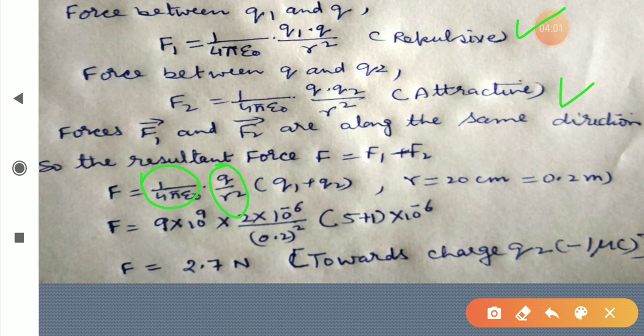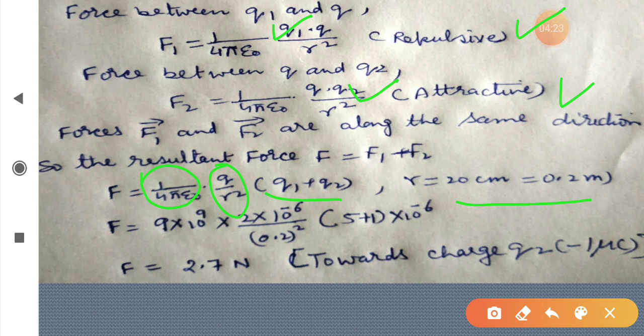Now from the first equation only Q1 is left, and from the second equation only Q2 is left. So inside the bracket I get Q1 plus Q2. Now the distance R between these two charges is 20 centimeter, and we have to take them in SI units, so it is equal to 0.2 meter.